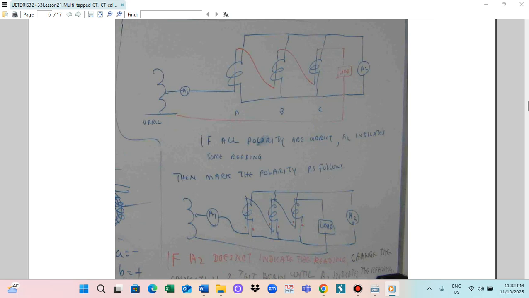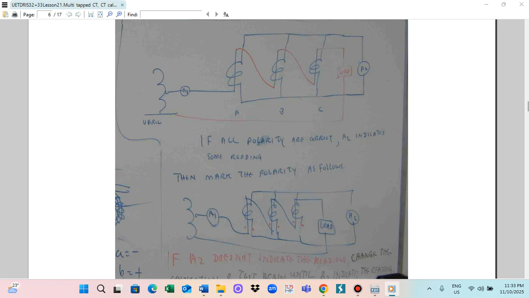So this is a 3-phase CT. The secondary windings are combined and connected to the ammeter, and the primary windings we connect this way.